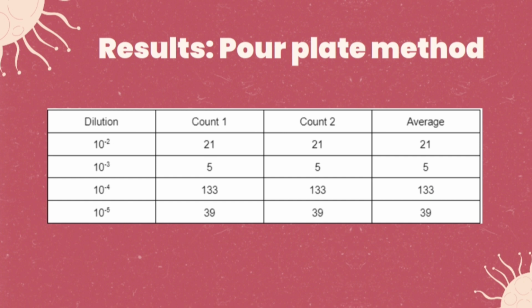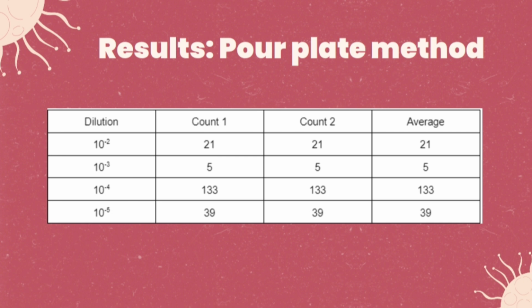And this is the result of our experiment for the pour plate method. The counts 1 and 2 and the average were all the same for all the dilutions. Dilution of 10^-2 has 21 bacteria.